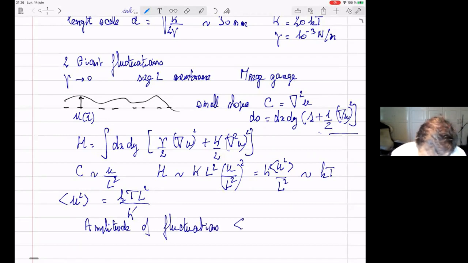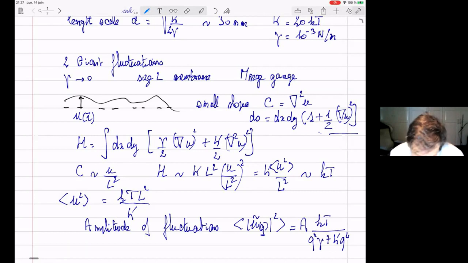This amplitude, the squared modulus of the Fourier transform of u for a mode q, is kT per mode, so it's the area times kT, divided by the gamma term, which gives gamma q squared, and the bending term, which gives kappa q to the fourth. So this gives you for each wave vector the thermal amplitude of these modes.